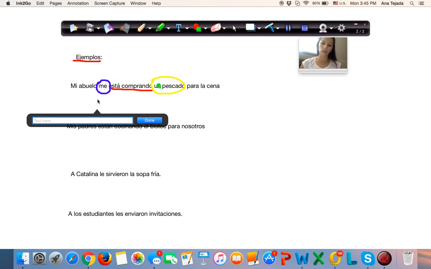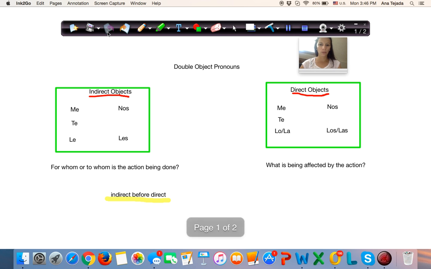We start with the sentence just how it is. Mi abuelo. Remember, we have indirect before direct. Me, which is our indirect object, which was already in the sentence, so we don't have to think much about it. But then un pescado. So let's look at it. Un pescado. ¿Es femenino o masculino? ¿Es plural o singular?